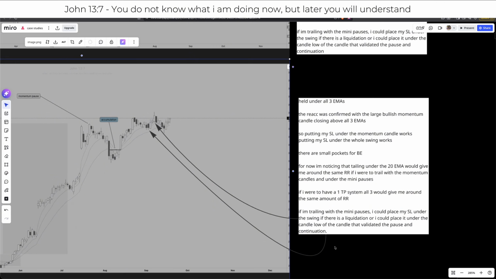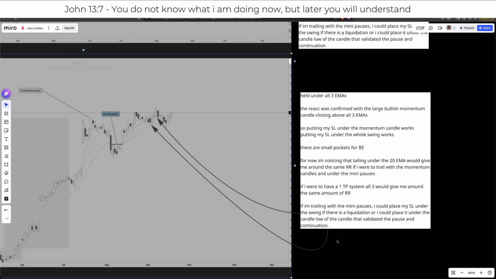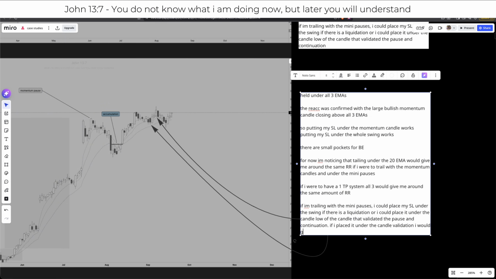If I placed it under the candle validation, I would get more RR than all of the other trailing options.